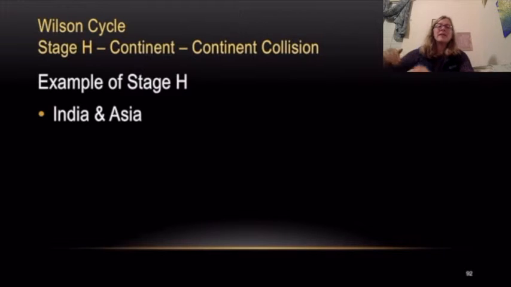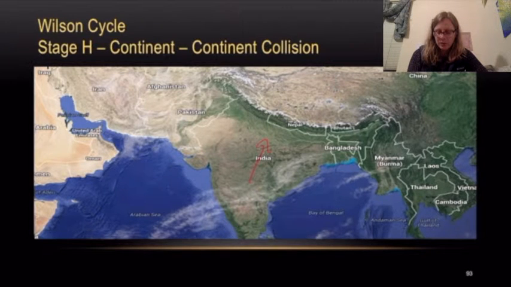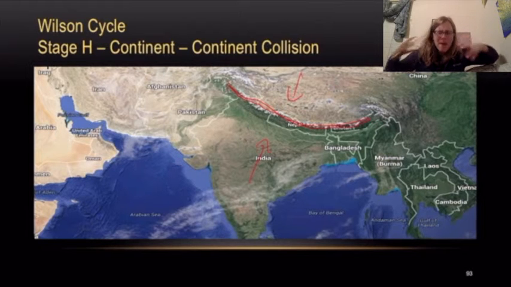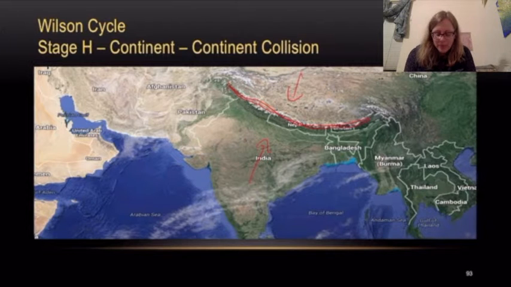India and Asia are colliding into each other. India is moving north, Asia is moving south, and we get this line, the Himalayan mountains, the tallest mountains on Earth, because of two massive continents running into each other. And this actually has pushed up all of the land.